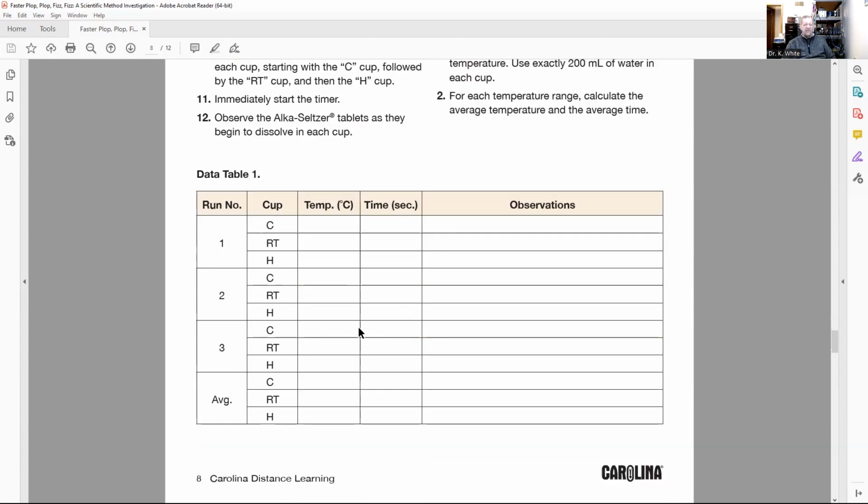And if you look in table 1 data, run 1, what's the temperature of the cold water, and what's the time until it disappears. Remember, you're using half a tablet, and if you want any observations.